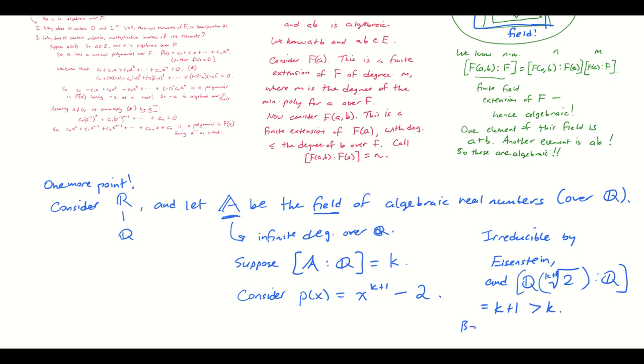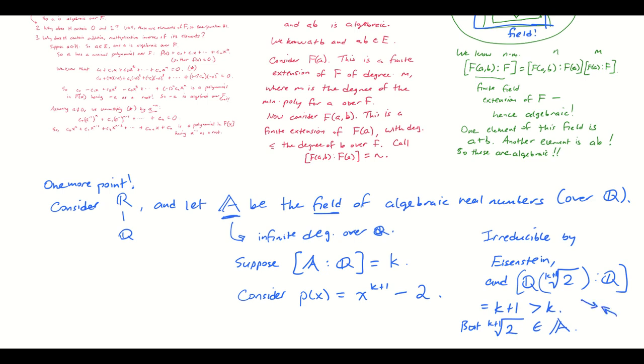But this number here, the k plus 1th root of 2, definitely belongs to A. That's an algebraic real number right there, which means I've got this field extension, which ought to be a subfield of the algebraic real numbers, but its degree over Q is bigger than what I said the degree of A over Q was, bigger than k. So that leads us to a contradiction.